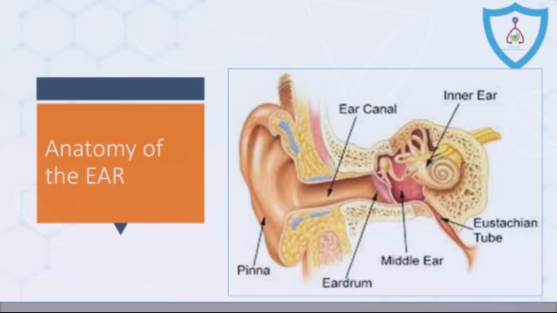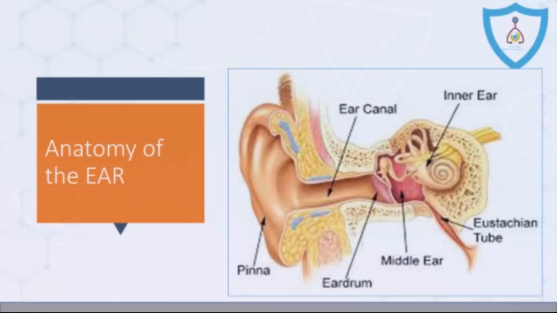And then we've got the middle ear, which just starts posterior to the tympanic membrane, and this one has got three bones. We've got the malleus, the incus, and the stapes, and this is where the sound waves are going to be transformed into mechanical vibrations by the eardrum, and then that is amplified by these three bones into the inner ear.